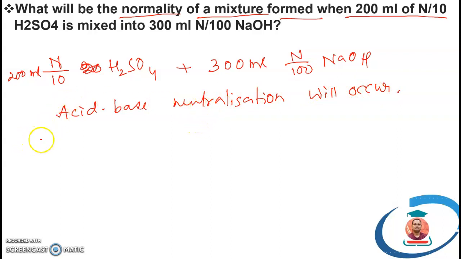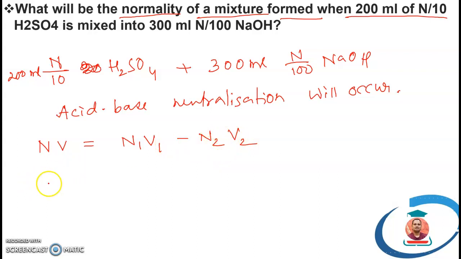Now, what is the formula to calculate the final strength of the resulting solution? Here also the formula is NV equals N1V1 minus N2V2. Why minus? Because acid and base are getting neutralized.